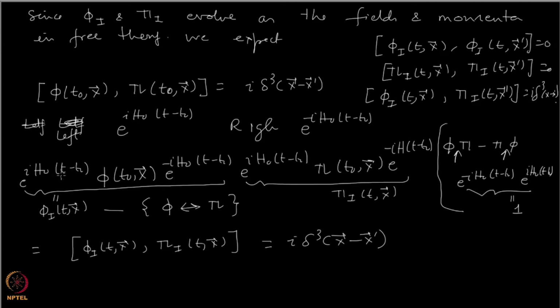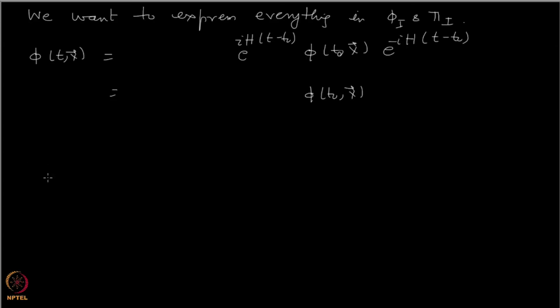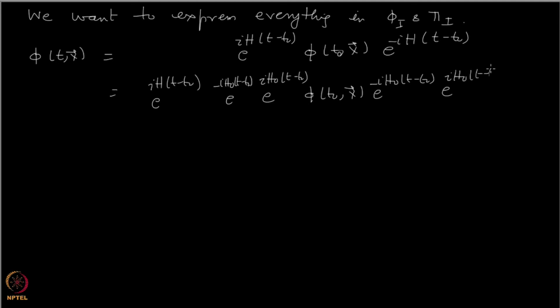I want to have plus iH naught on the left, so I write e to the iH naught (t minus t naught), but then I should kill it, and this factor is there. Similarly here I should put minus iH naught, but then I should kill it, and you have this factor here.